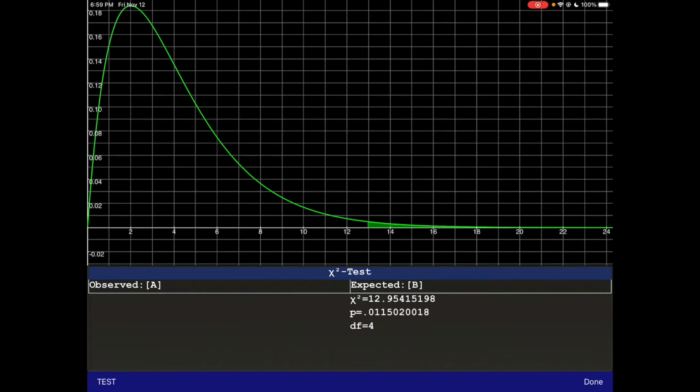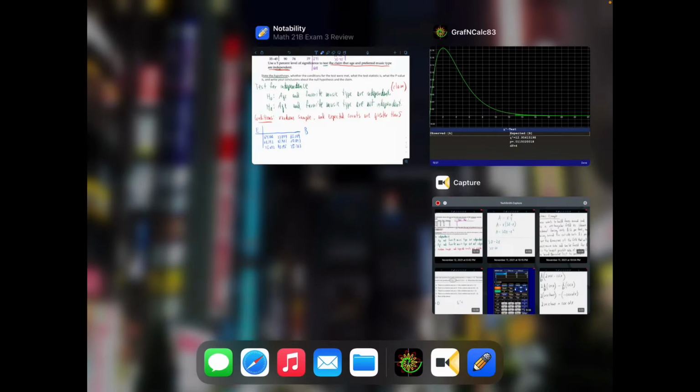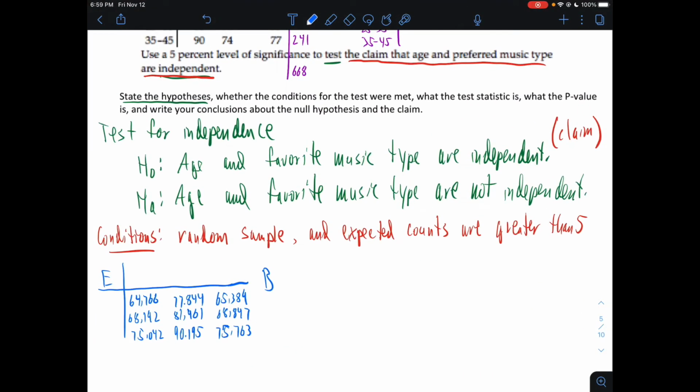And so what you can see is that our chi-square value is 12.954 if we round that to 3 decimal places. I can also see the p-value there, 0.012 when I round that to 3 decimal places, and I can also see the degrees of freedom is 4 because that would be 3 minus 1 times 3 minus 1, which gives us 4.